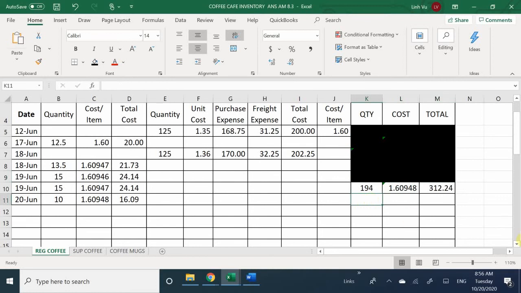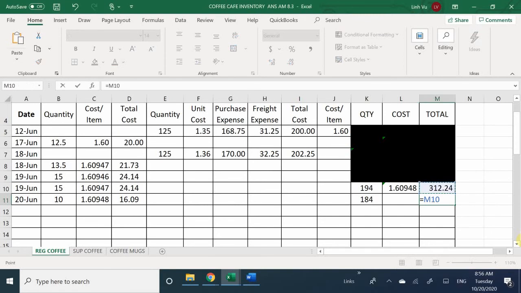Now we have to update our inventory. What's 194 minus 10? 184. And what is 312.24 minus 16.09? 296.15.